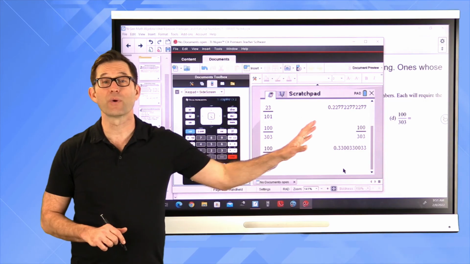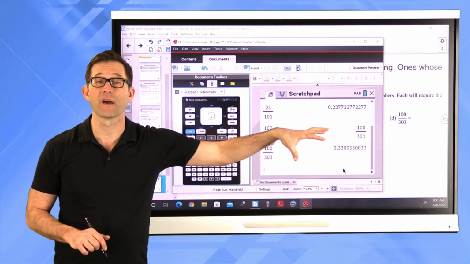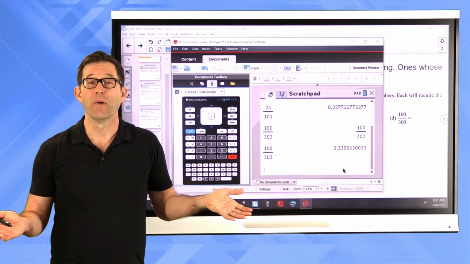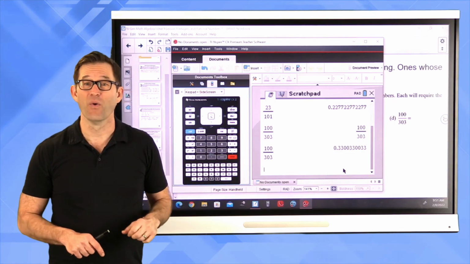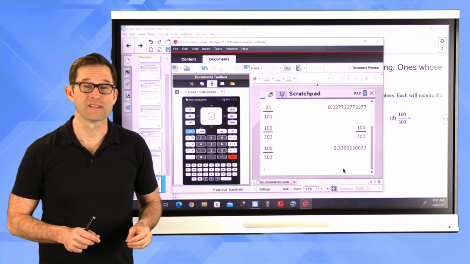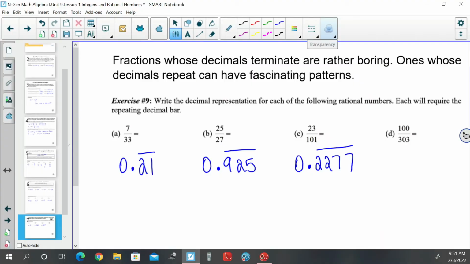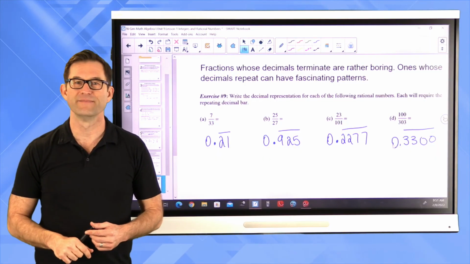You're going to learn a little trick in the homework on how to create these kind of repeating decimal patterns. Not that that's of very much use, but it is kind of cool to see the way that these things pan out. So let's put this one down, 0.3300. So this is 0.3300 repeated. Like the last one, it's got 4 different digits that repeat.